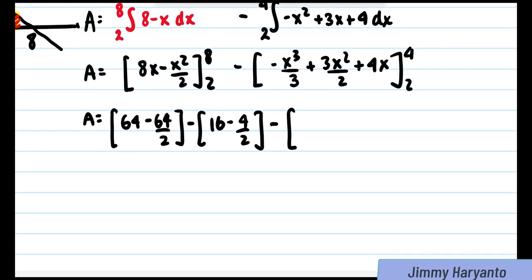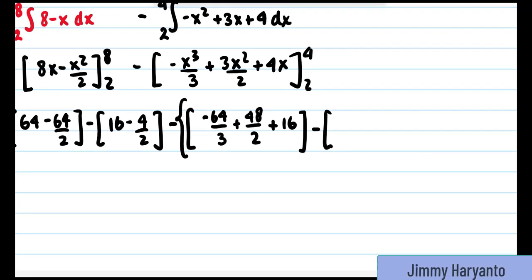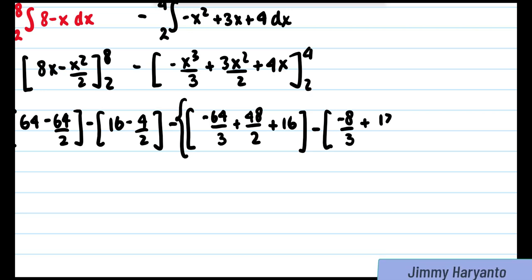Then for this one, you put the 4: negative 64 over 3 plus 16 times 3, 48 over 2, plus 16, and then minus 8 with 2: negative 8 over 3 plus 12 over 2 plus 8.